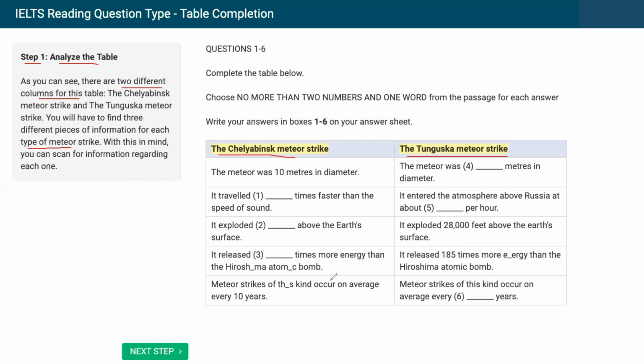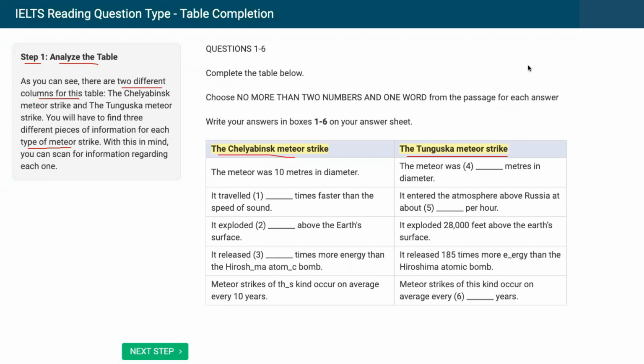So there's an equal amount on both sides, and this is good because we'll have to spend time looking for Chelyabinsk and Tunguska. It's more or less evenly distributed, so this is good to know. And this step also allows us to see the theme that's present in our reading. We'll be looking at meteor strike, so it's quite scientific, and we're already introduced to the topic. Okay, so that just about satisfies step 1.